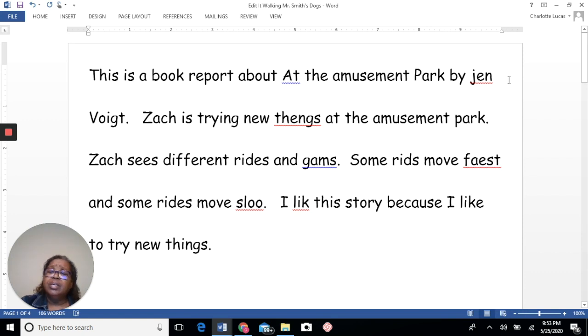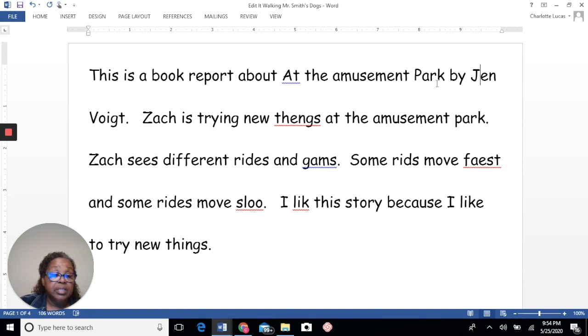But what about Jen? Jen needs to be capitalized. Let's make that a capital J. Jen Voigt. Very nice. And this is a book report about At the Amusement Park. That's the title of the book, At the Amusement Park. Well, if you have a title, especially of a book, it needs to be capitalized.